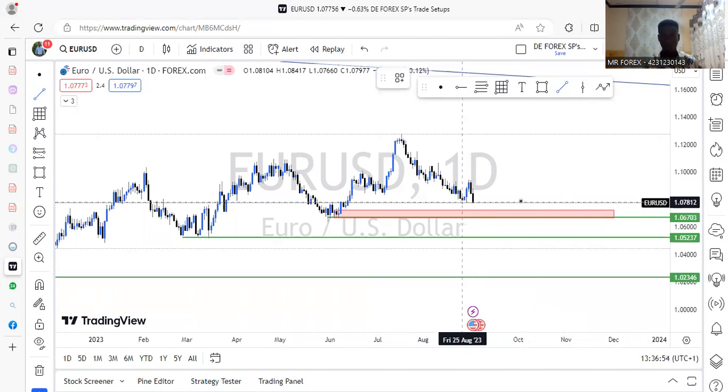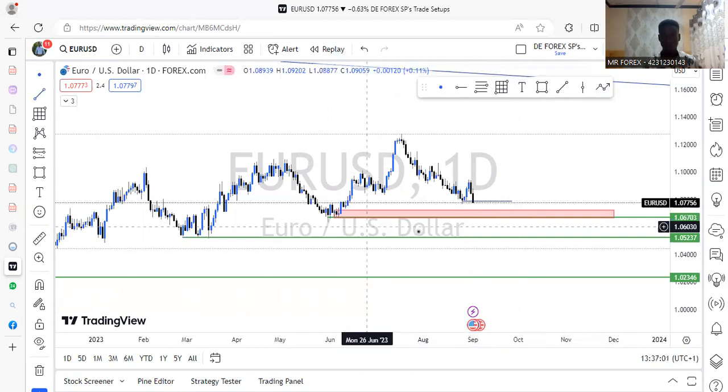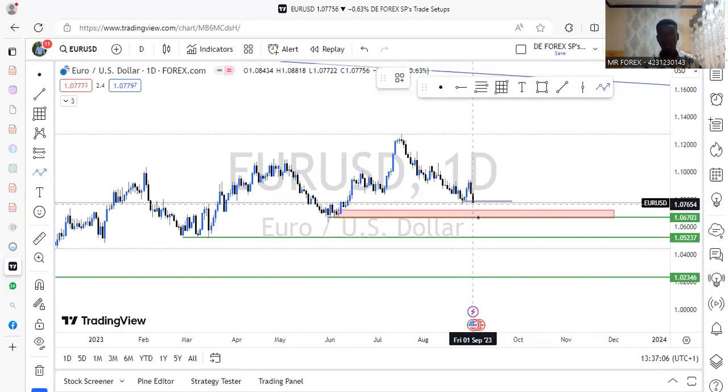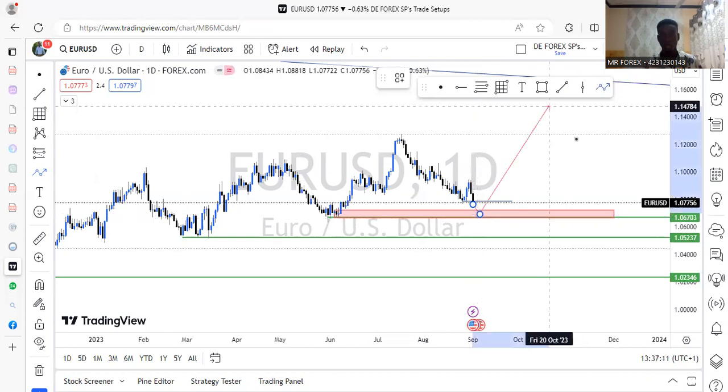And since it has broken that level, we are going to continue seeing this bearishness until it finds a new support level. And we know this is also a support level. So this is what Euro USD is going to do.